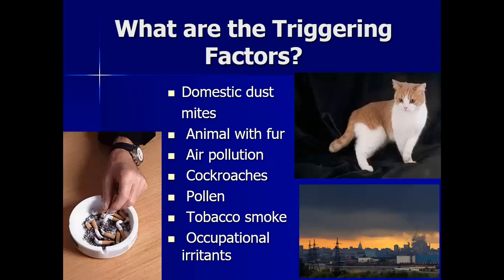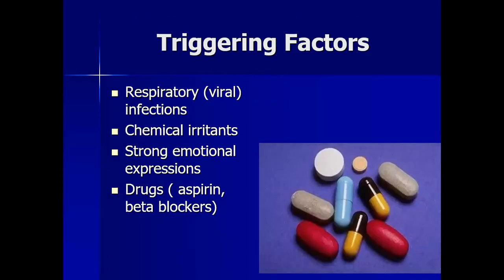What are the triggering factors? During asthma pathophysiology, we have triggering factors. These are domestic dust mites, animal fur, for example cat's fur, air pollution, cockroaches, pollen, tobacco smoking, and some occupational irritants.